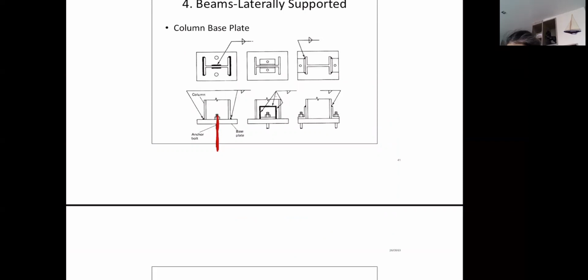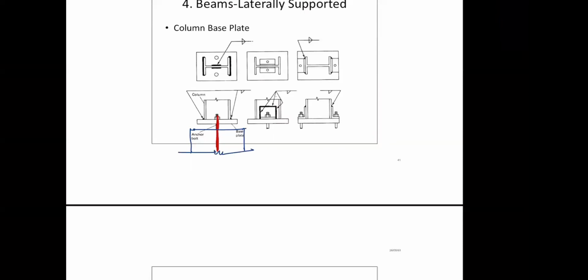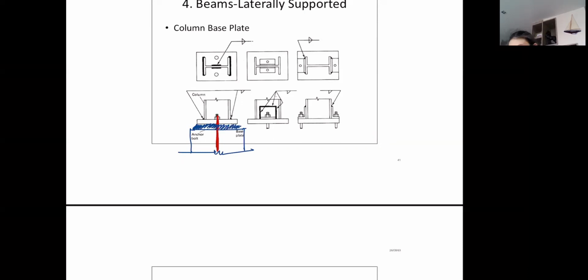You would have the concrete abutment like this. When the column comes in and you're done adjusting, there should be a gap left, and we put high-strength grout there to fill the gap. The column base plate in the end looks something like that.